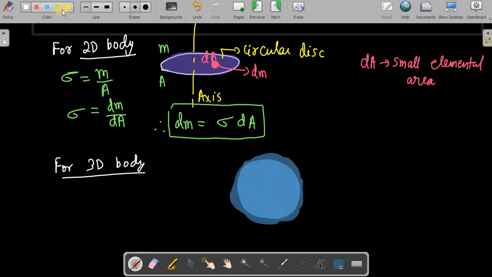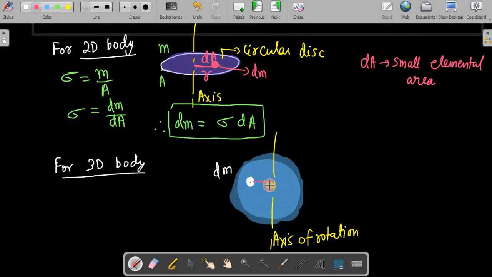So let us say that this is a three-dimensional body. Masses are present, and again you can take some axis. This is the axis of rotation. And if this is the axis of rotation, then in the same manner you will define a small mass dm. Of course, in all these cases you also have to define the radius. Then only you will be calculating the small inertia, right? Here the small r you will take.